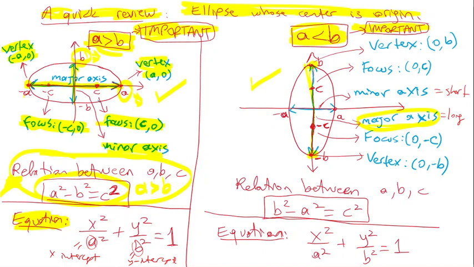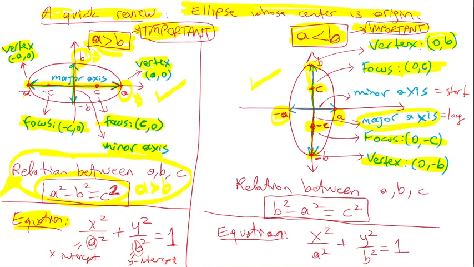Now these points, the endpoints of the major axis, are the vertices. They will be on the y-axis now, (0, B) and (0, minus B). These are the two vertices. And we have two foci, (0, C) and (0, minus C). Here the endpoints of the minor axis are the x-intercepts A and minus A. Now, is there a relation between A, B, and C?